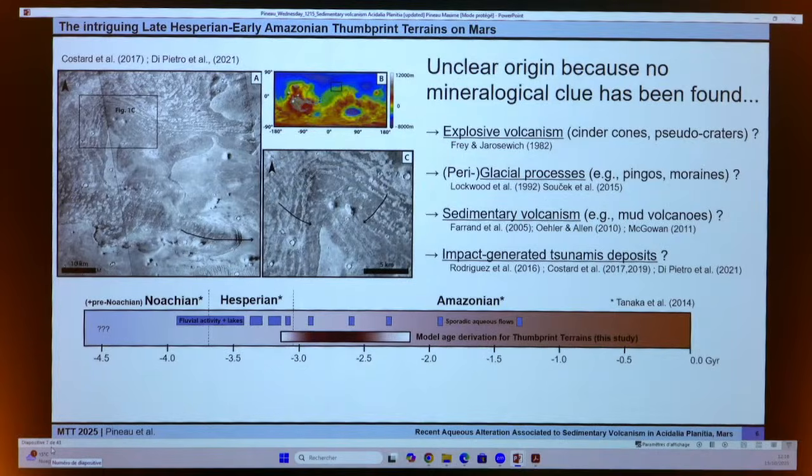So those are lobate terrains with light-toned curvilinear features that are in fact composed of alignments of pitted cones and mounds. And those terrains are probably late Hesperian and mostly early Amazonian in age.